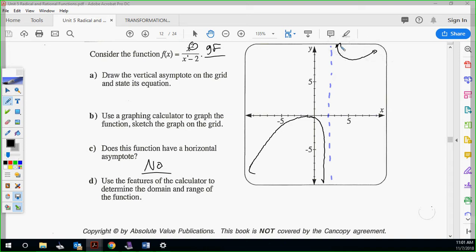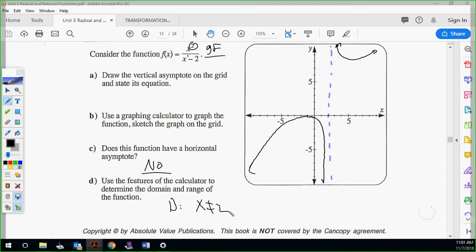So in terms of the domain, what does the domain still look like it is? Right, it just can't be 2, because it's approaching 2, and then it's growing away from 2. So it's still just simply the domain is x can't be 2.